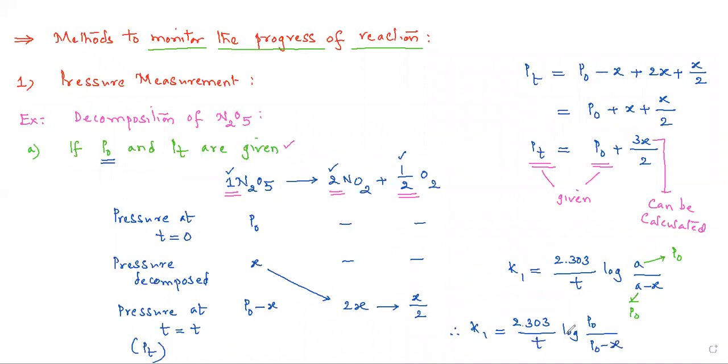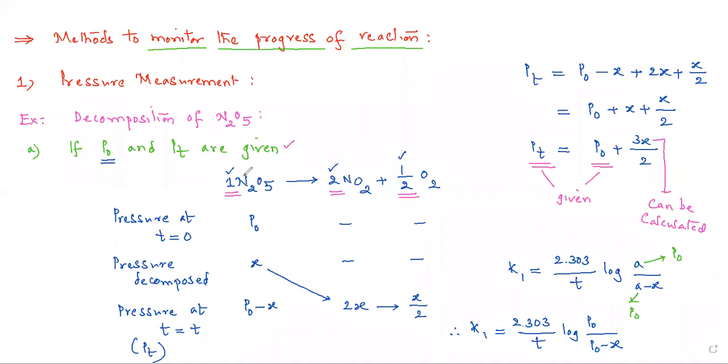Now, look at the whole thing. You are not given the concentrations of the reactant, initial, reacted, and left out. Instead, they have given the pressures. That too, pressure at time 0, pressure at time t.